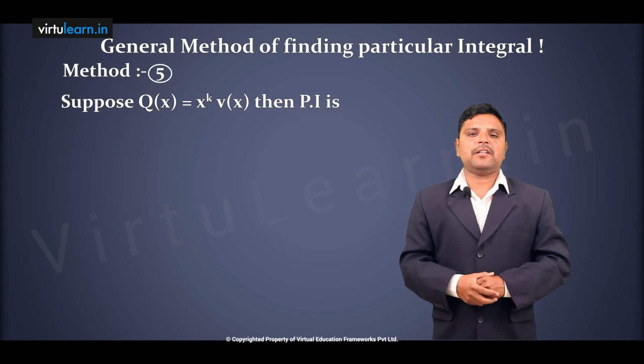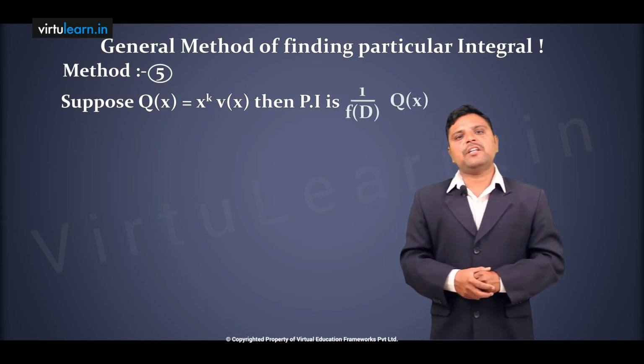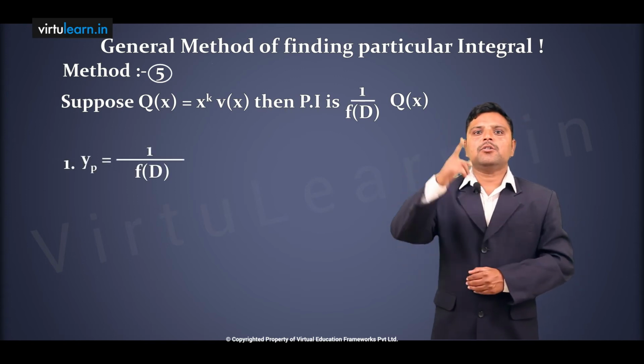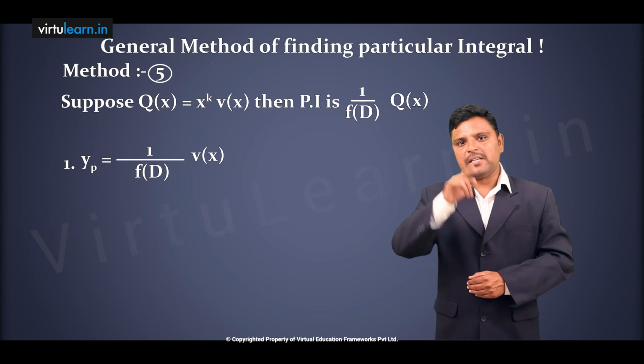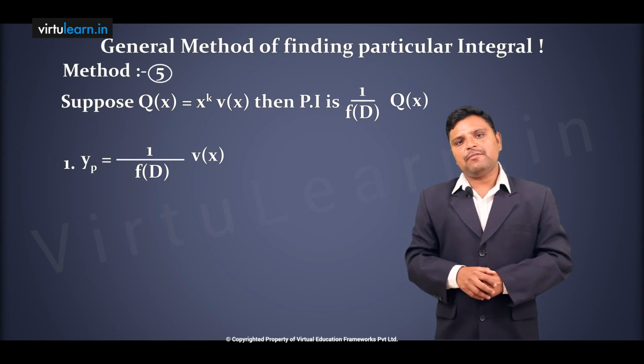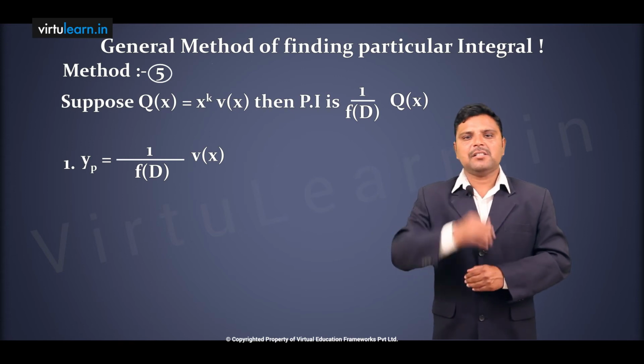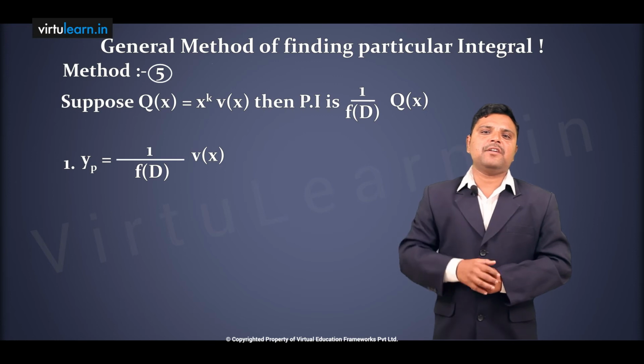The general formula for this particular integral is 1 by f of d into q of x. That can be written as 1 by f of d, where q of x is x power k into v of x. I am substituting here 1 by f of d into x power k into v of x. Means k equal to 1 here, so 1 by f of d into x v.